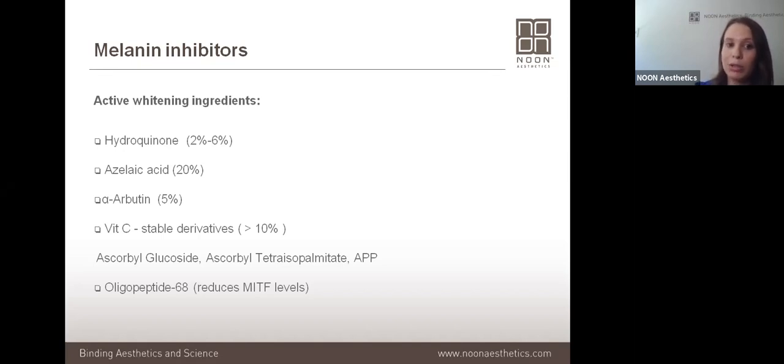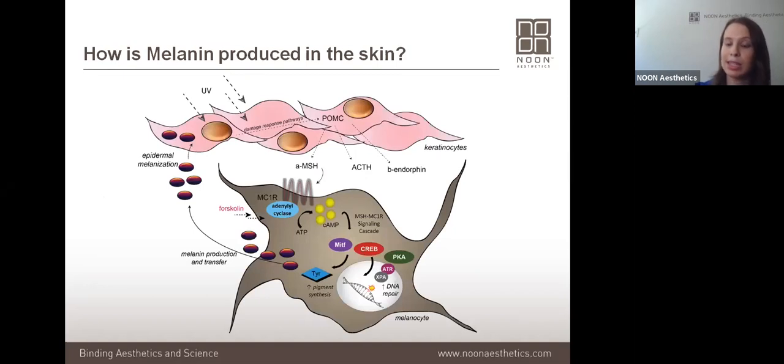So let's look at this process again and understand what exactly are the stages that are inhibited by these melanin inhibitors. So over here at the bottom, you can really see the tyrosinase, TYR.